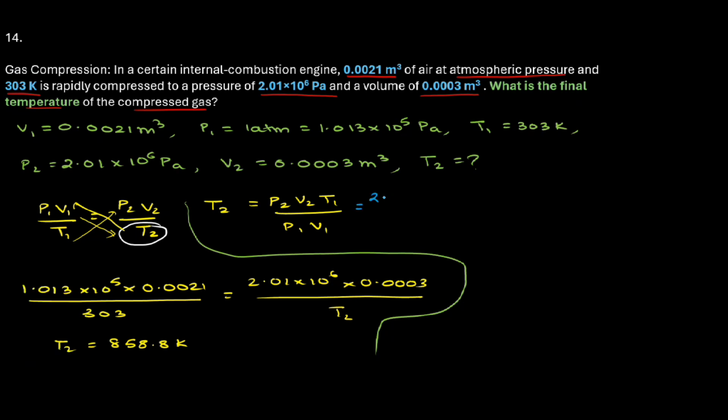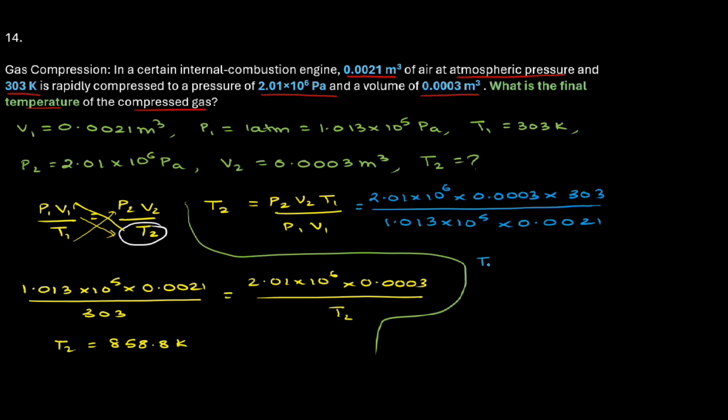P2 is 2.01 times 10 to the power 6, V2 is 0.0003, temperature T1 is 303 Kelvin, divided by pressure 1. Again, the same thing I'm substituting here, but this time we just rearrange the terms to solve it. And when you solve this, again, you get T2 as 858.8 Kelvin.